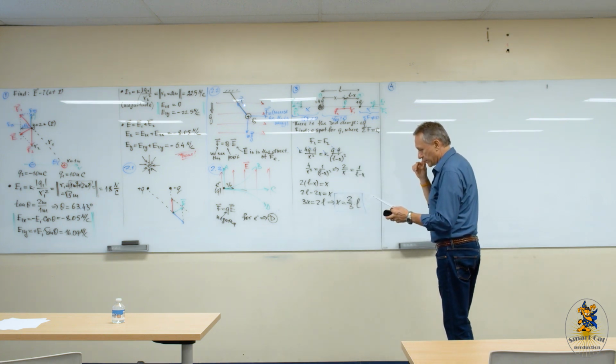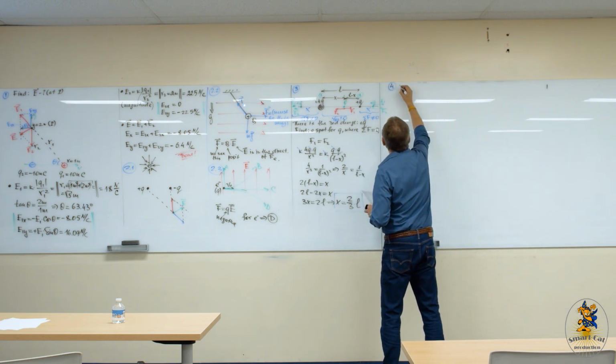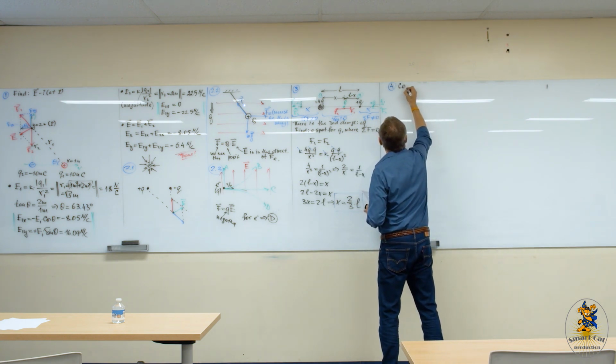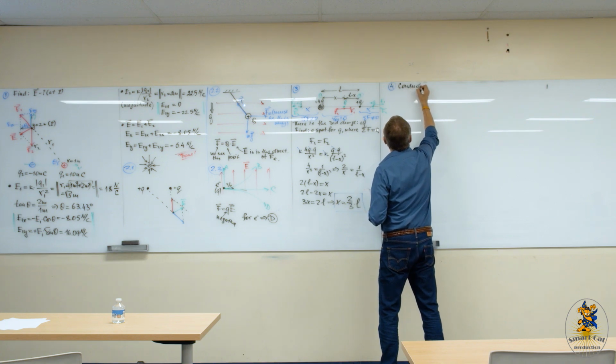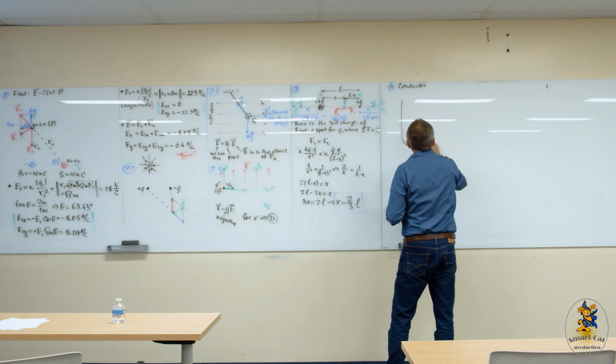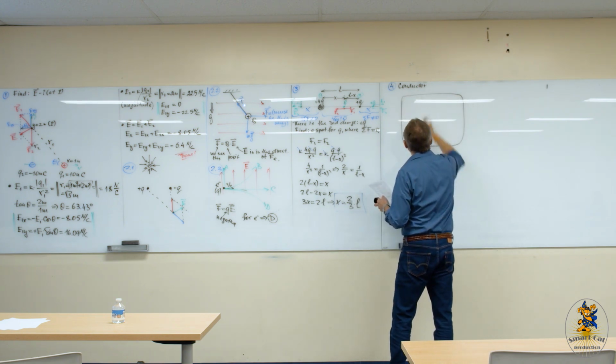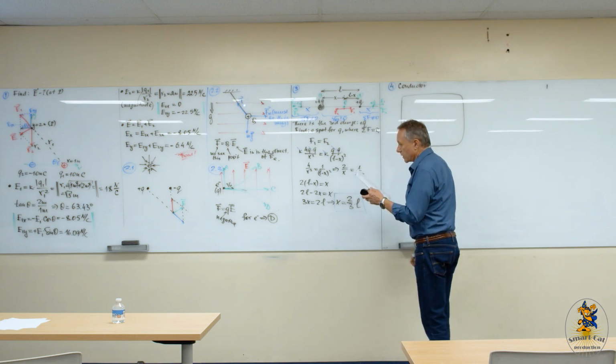I created a complicated conductor of a complicated shape. Let me try to draw it. So, conductor. So that's my conductor, right? So that it's charged.